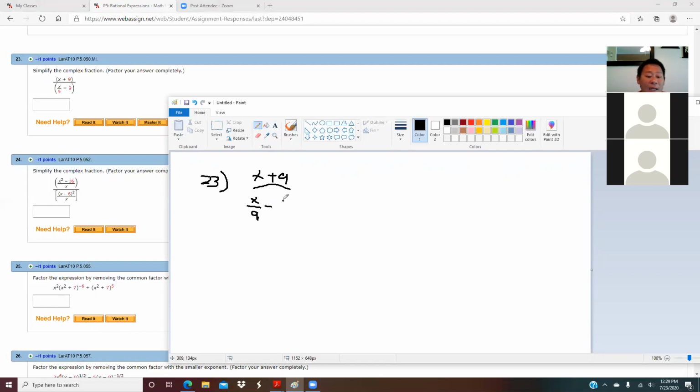So this 9 that you have over here is over 1. So this is good to go. This one you need to find your LCD. And the LCD here is easy because it is 9, because between 9 and 1 is 9. So what you need to do here is this already has 9. So this one you need to multiply by 9.